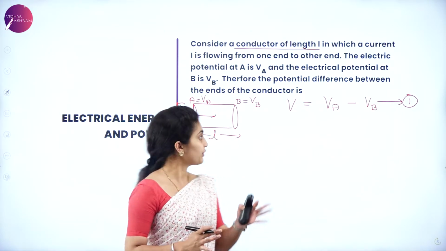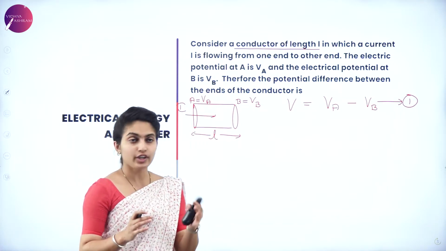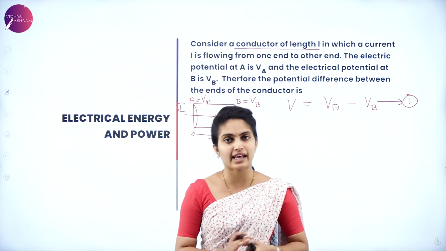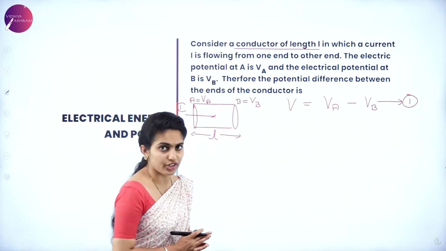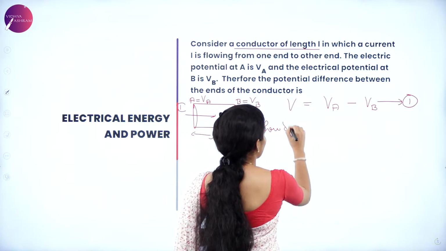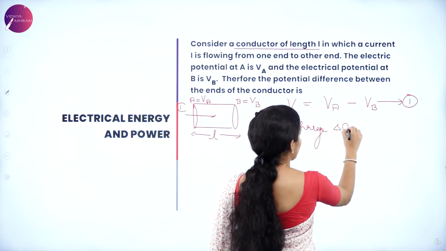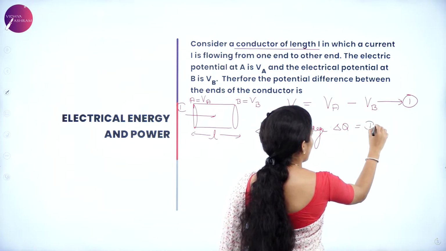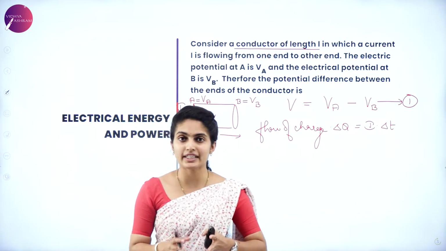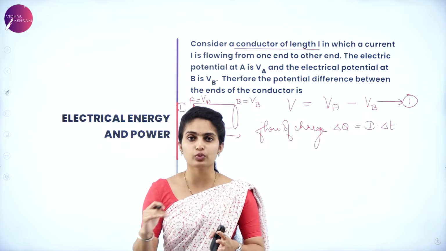Now we have the charge. Only when the charge is moving or flowing do we have a current I. Therefore, we have the potential, also called V, and we have the potential difference. Suppose there is a flow of charge, call it delta Q equal to I into delta T. That is, current is equal to charge flowing per unit time.